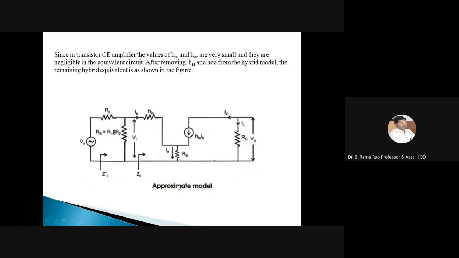Then we go with this approximation model by considering the emitter resistance. This is the base current, this is the collector current, and this is the emitter current. Accordingly, we will get the different parameters of this particular amplifier.